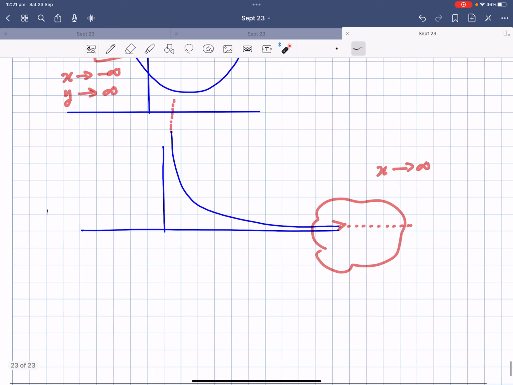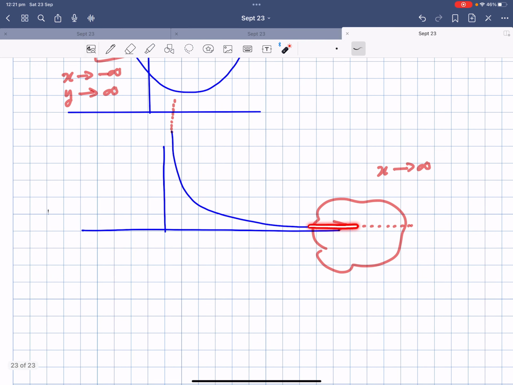So this curve will never touch the x-axis like that. It will be always parallel. This parallel behavior is happening in the longer term. It is not parallel here, you see? These are not parallel. In the longer term, they are parallel, see? That's why it's called long-term behavior.